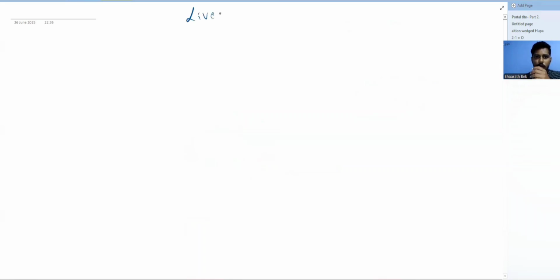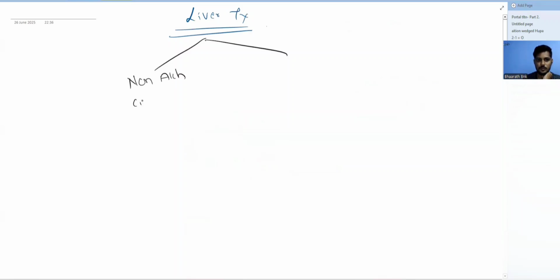Who are the candidates for liver transplant in such patients? Right? Liver transplant is the only curative therapy for this. All others are controlling therapies. The candidates who are suitable for liver transplant are the non-alcoholic cirrhotic patients, where the cirrhosis is because of non-alcoholic disease.